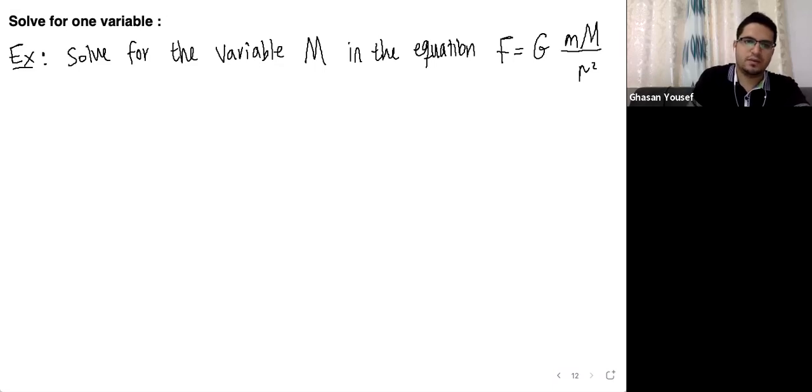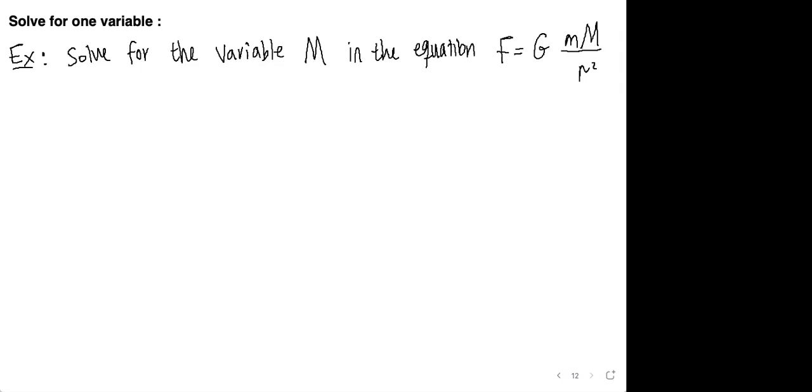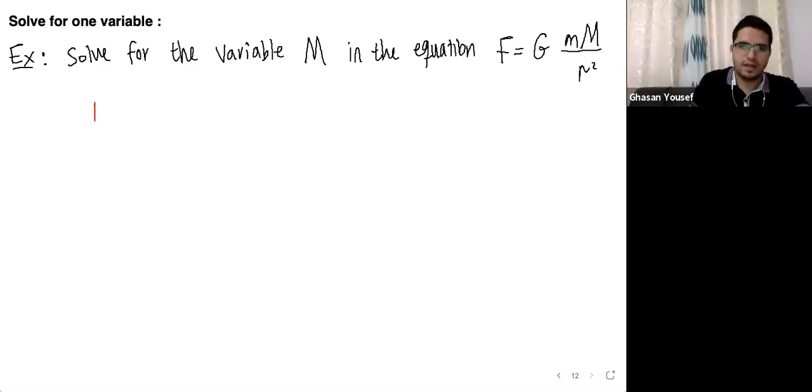So actually the question asks how we can write this, F equals G times m capital M over r squared, as capital M equals something. So how we can move everything to this side and leave only M alone on the other side.